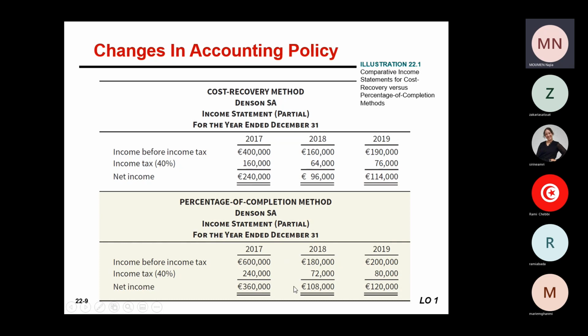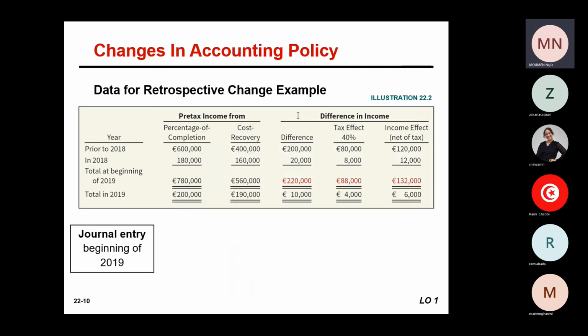The income taxes will follow and be higher: 240, 72, and 80. Then we have a higher net income of 360, 108, and 120. So these are the two partial income statements, using the cost recovery and then the percentage of completion.